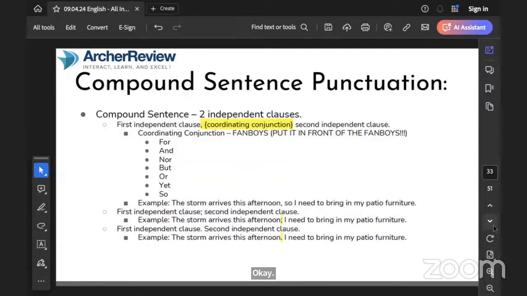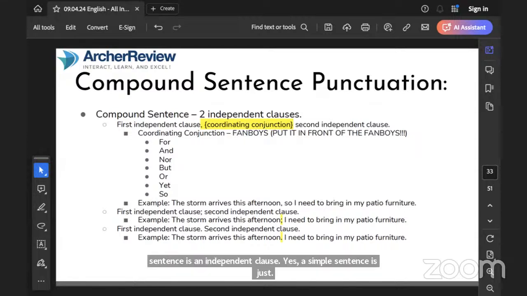Now, with a compound sentence, this one's going to go one step further. So instead of just one independent clause, this is going to be two independent clauses. Simple sentence is an independent clause. Yes, a simple sentence is just one independent clause. That's it.